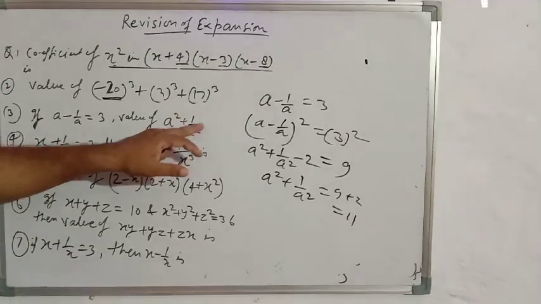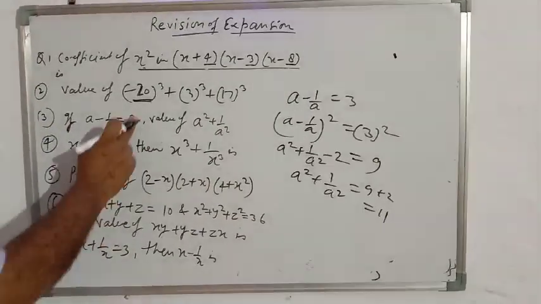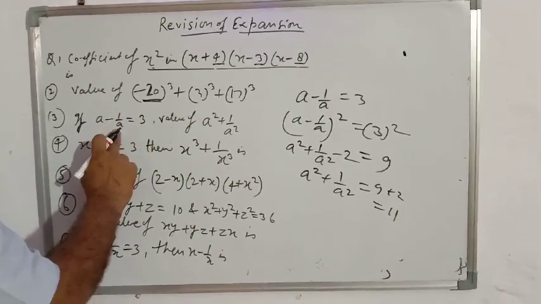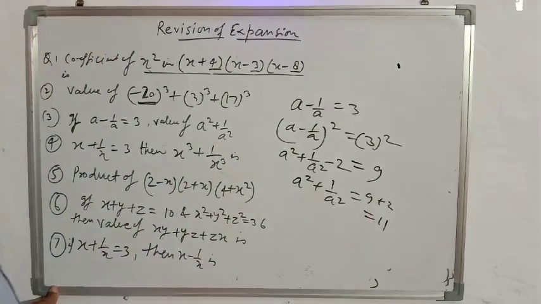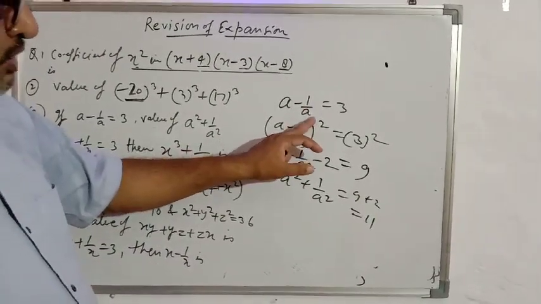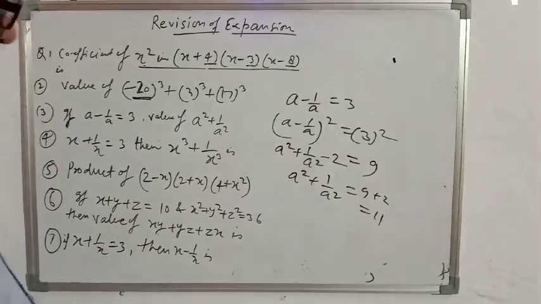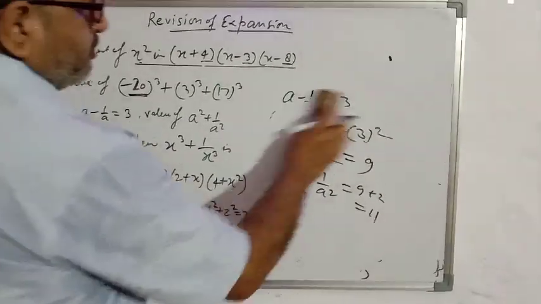So the value of a square plus 1 upon a square will be 11. If we have to find a cube minus 1 upon a cube, we will take cubing on both the sides.